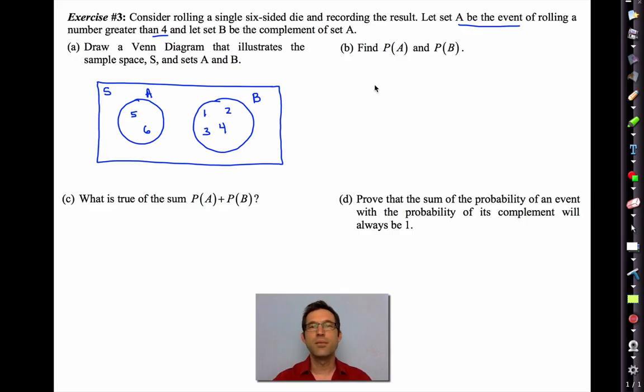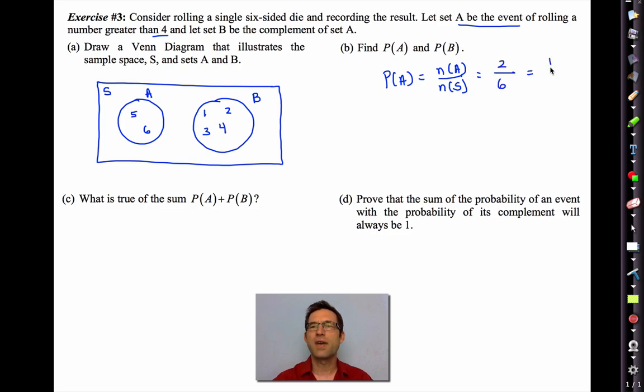Now, letter B, this is simple enough, says find the probability of A, find the probability of B. Pause the video really quick and write these down. All right, well, this is simple, right? The probability of A, I'm going to keep emphasizing this formula. I know that you probably didn't write it down, and that's quite all right. The probability of A is 2/6.